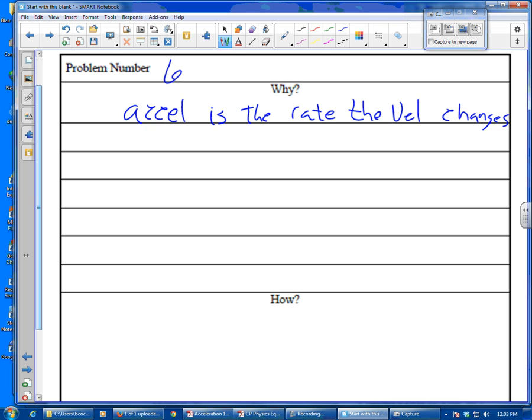And along that same line, velocity and acceleration influence how far the car travels.